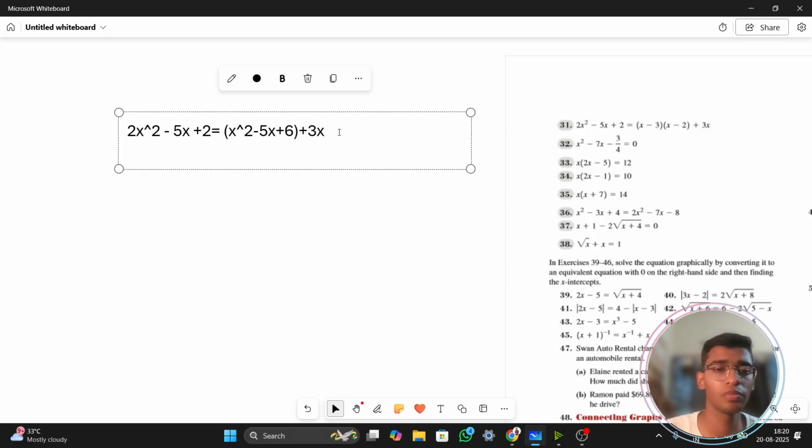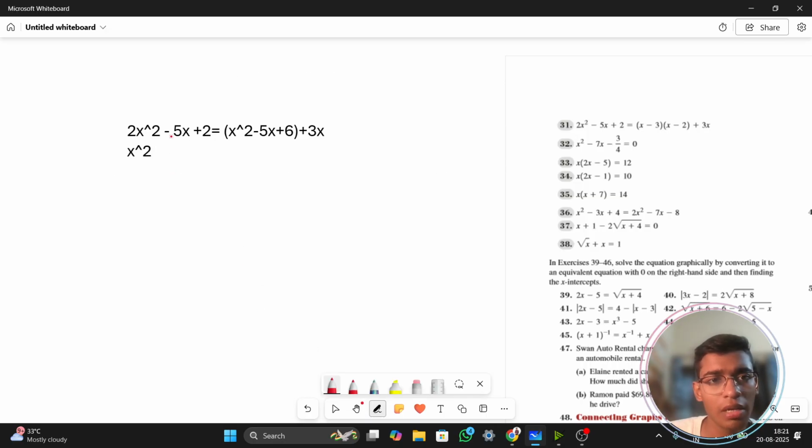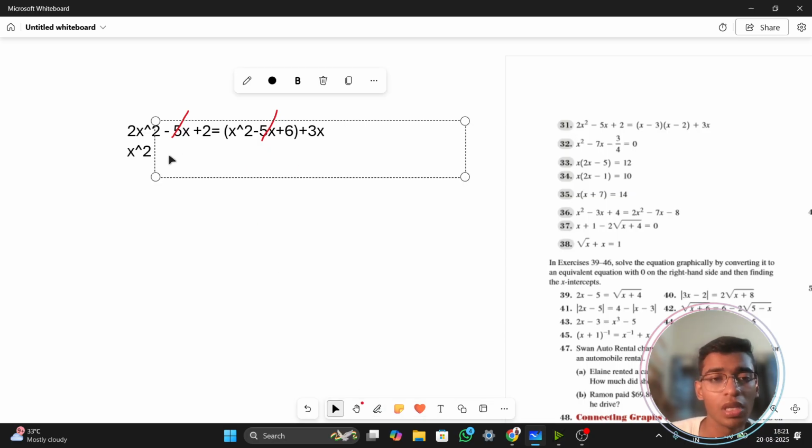I need to take all of them to one side. So if you see, it is 2x squared, and here I'm getting x squared. If I bring it here, I'll be left with x squared. Now we have a minus 5x here and another minus 5x here, so this will cancel because they have the same sign and are on opposite sides.